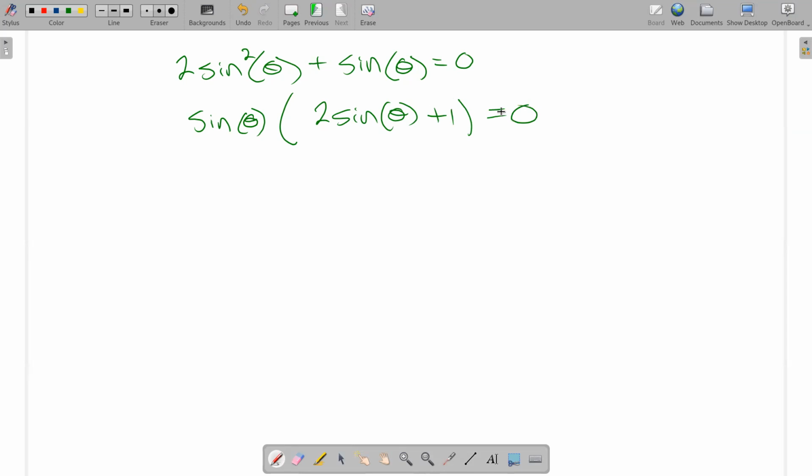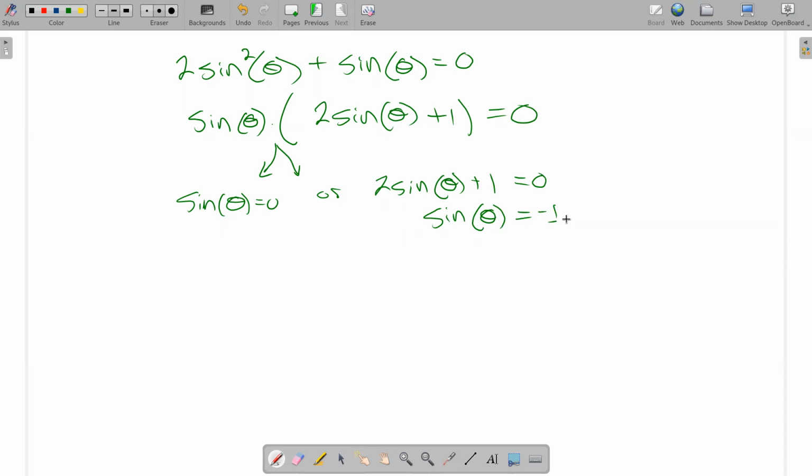Just like I factored before, this time I'm factoring a sine instead of an x. The zero product rule applies, so I can break this into two different problems. One problem would be the sine of theta equals 0. And the other one would be twice sine of theta plus 1 equals 0. We solved stuff like this in the last chapter. We subtract 1, divide by 2, and we get sine of theta equals -1/2.